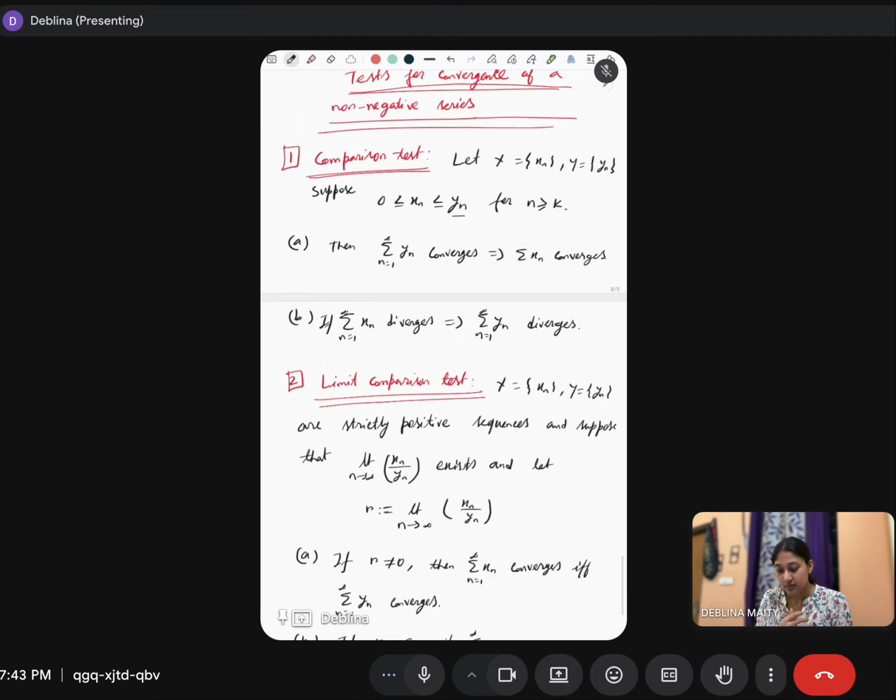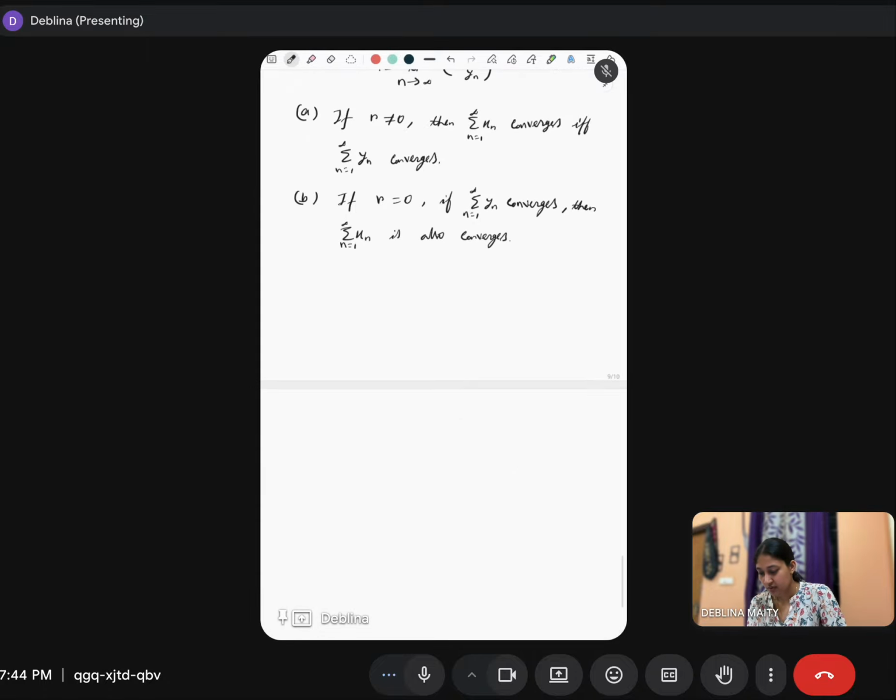Okay, so we'll see some examples where we'll use this test to see if a series is convergent or not. The first one: we have to show the series, the sum from n equals 1 to infinity of 1 by n squared minus n plus 1, is convergent.